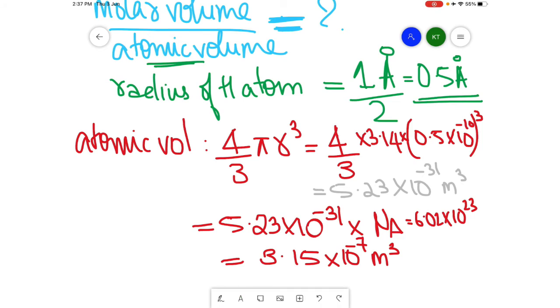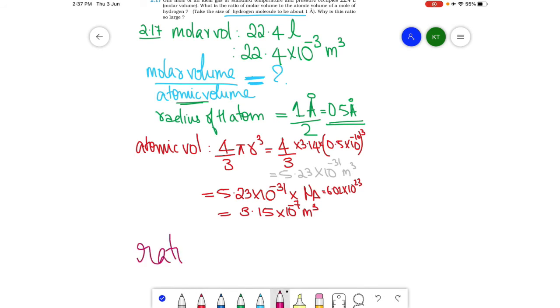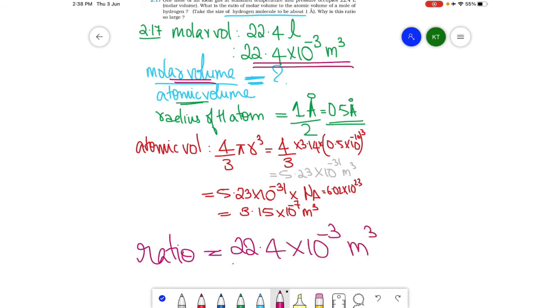Therefore, the ratio would be the molar volume, 22.4 into 10 power minus 3 meter cube, divided by the atomic volume, 3.15 into 10 power minus 7 meter cube.